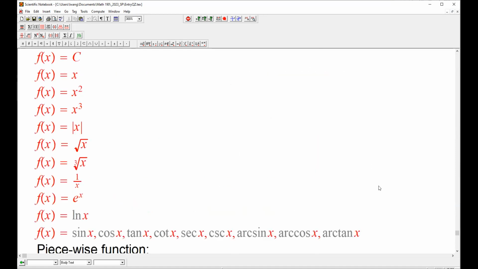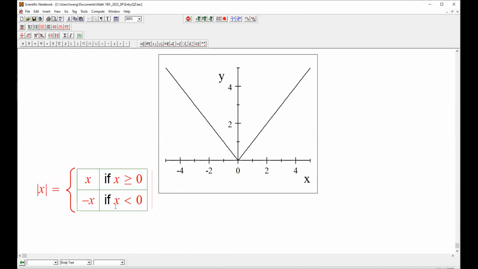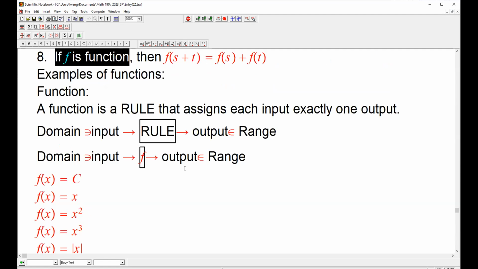Okay. So many such basic functions, right? So in the statement of 8, f is a function. That statement implies what? All of these functions are included, and more, because from these functions you can produce, how many functions can we produce?